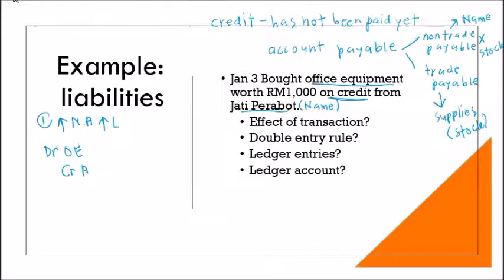Account payable, Jati Perabot. So you already got the double entry with the amount of 1,000 each.